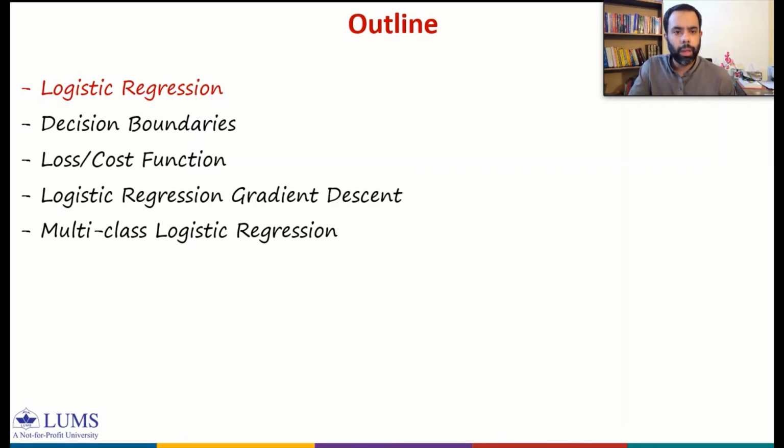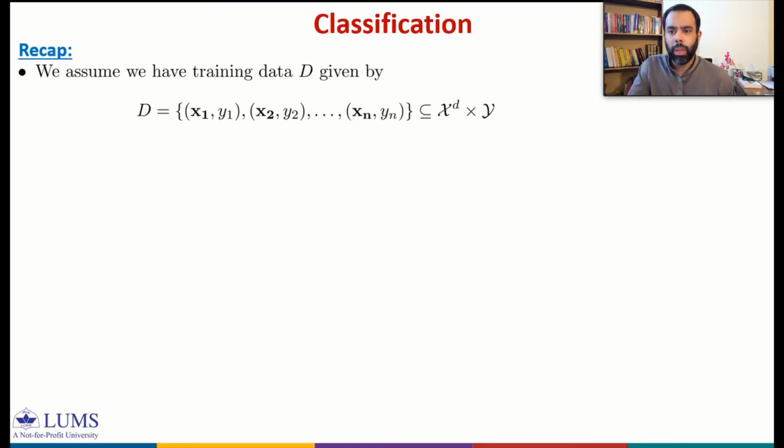We start with a recap of the classification problem. In a classification problem, we have this dataset D in which we have n training instances, (x1, y1), (x2, y2), up to (xn, yn). Here x1, x2, xn are the input features, and y1, y2, yn are the labels associated with each training input.